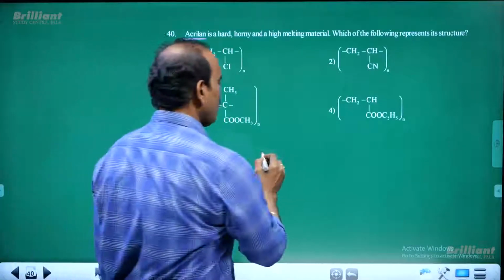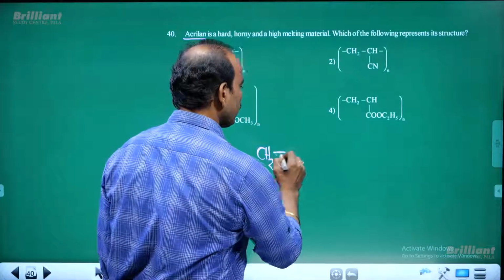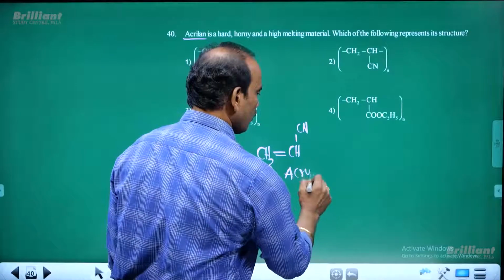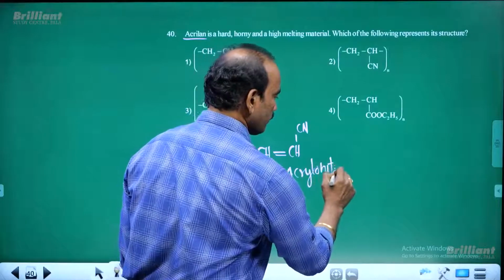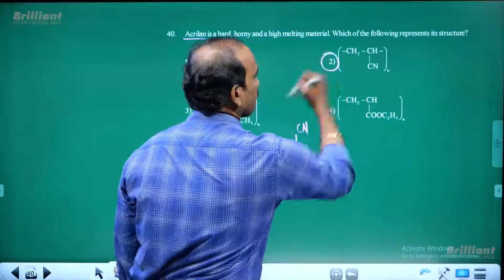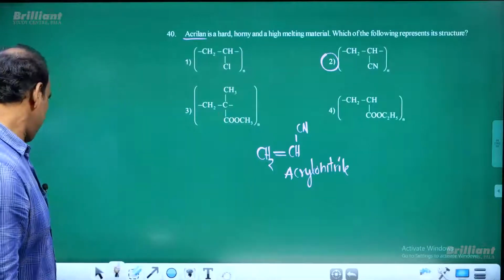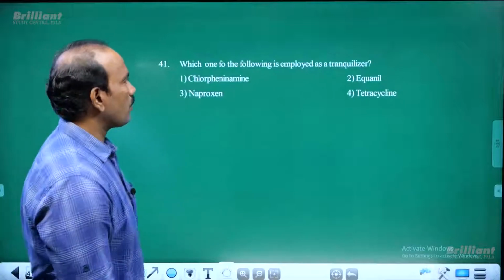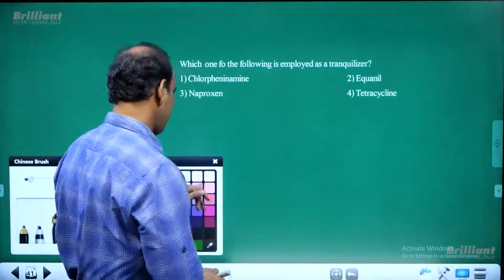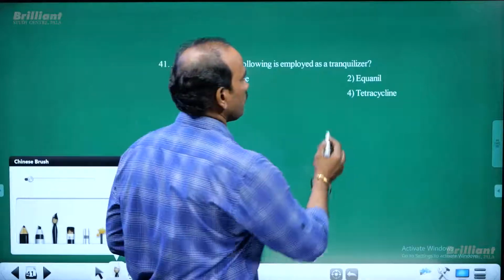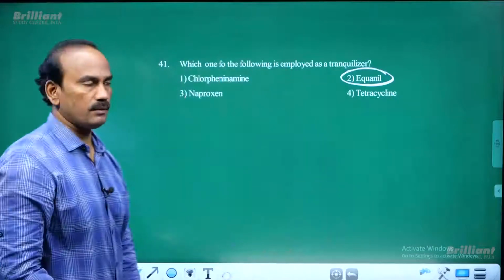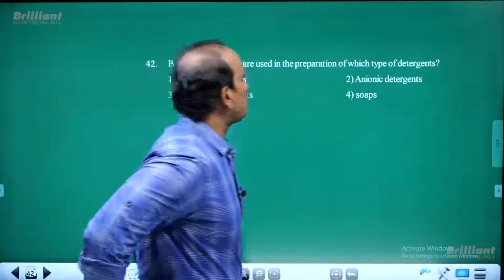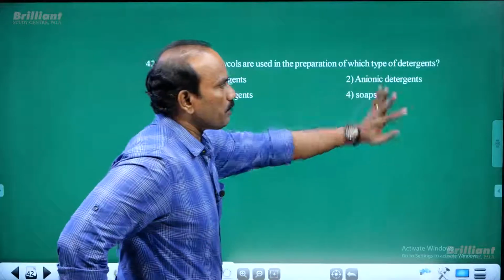Next one. Acrylonitrile. What is that? Vinyl cyanide. That is the answer. Clear? Next one. Then polyethylene glycols are used in the preparation of which type of detergent?